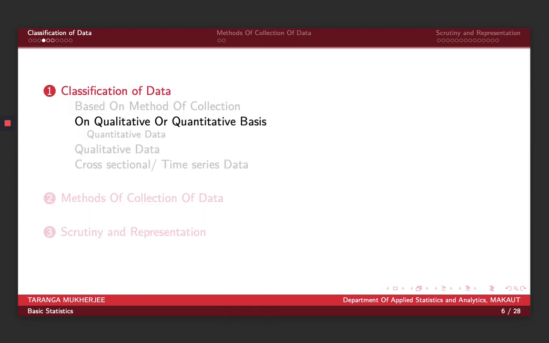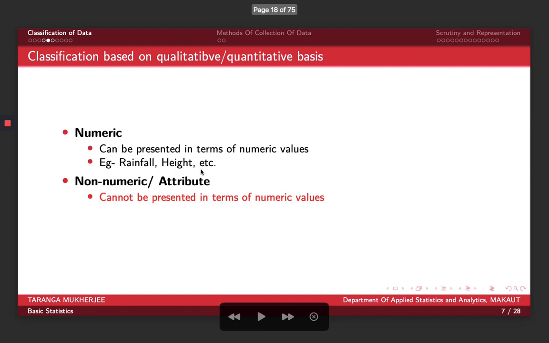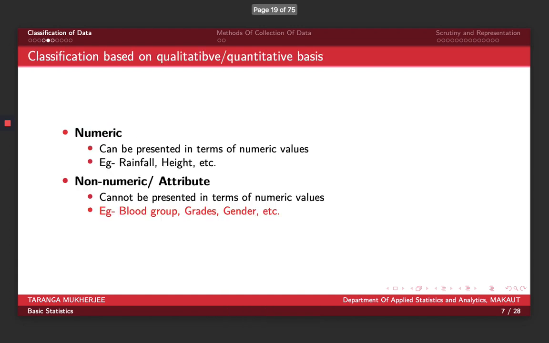Now, how many kinds of data is there? Primarily, we can classify into two things. One is the numeric data and another one is the non-numeric data. Okay, anyways, right now just focus on numeric data.